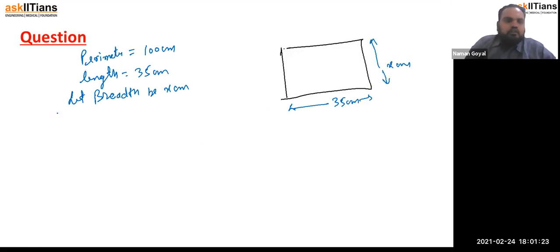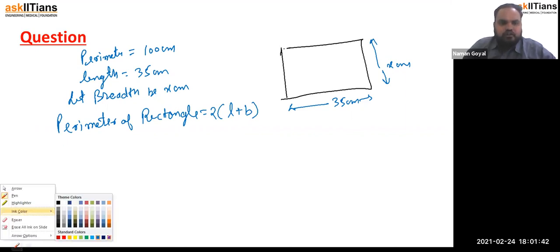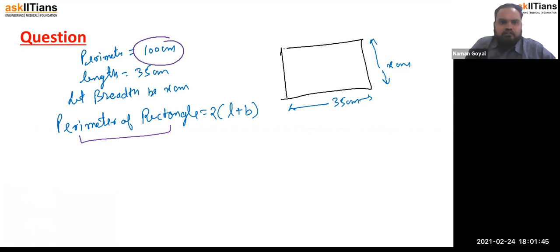Okay, fine. So we know that the perimeter of a rectangle is 2 into L plus B, isn't it? This quantity is given as 100 centimeters. So it will be 100 is equal to 2 into the value of L, which is 35, and we take B as x.